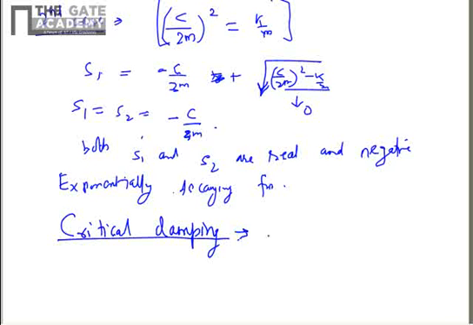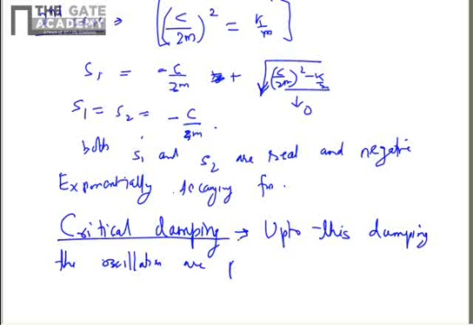But this is the case where, up to this value, up to this damping, the oscillations are not present. So the function of x, the displacement, is a pure exponentially decaying function.